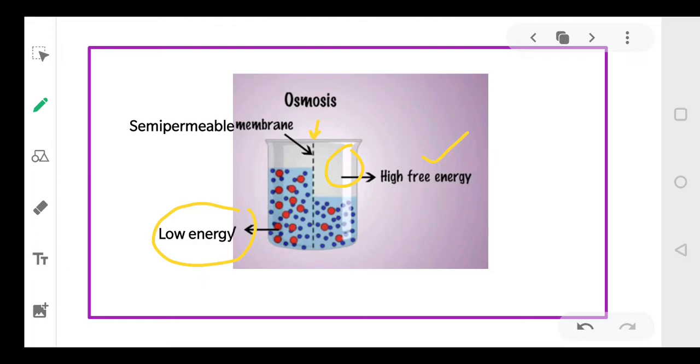So the water will move towards this side so that the level of water becomes equal on both sides, or we can say the level of energy becomes equal on both sides. So it is the movement of water from high concentration to low concentration.